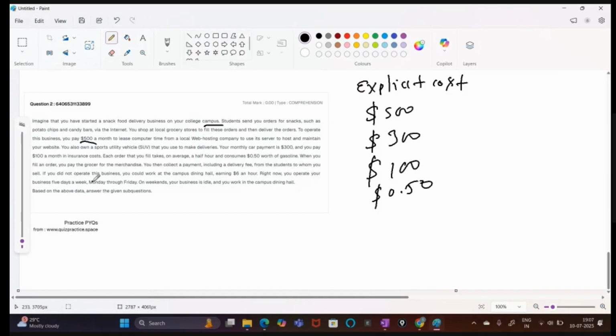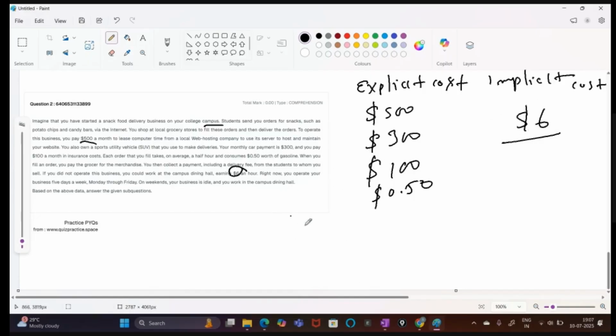If you didn't operate this business, you could work at the campus dining hall earning $6 an hour. So it will come into implicit cost, because if you didn't operate your business, you could earn $6 an hour working at the campus dining hall. So the $6 goes into implicit cost.